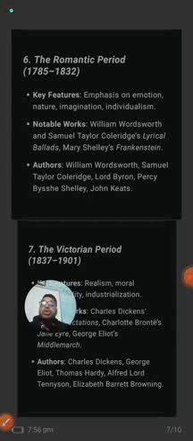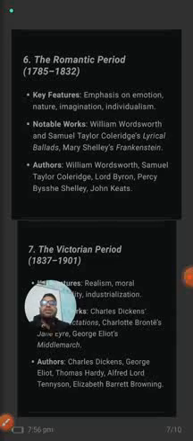So the key features of the Romantic period are emphasis on emotion. All the works were written on emotion, showing emotion towards love of nature. Nature was given first importance, emotion was given importance, and imagination was spreading among people.